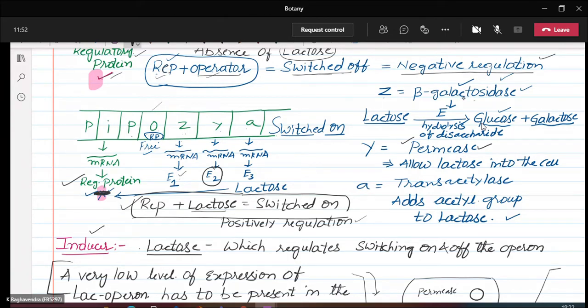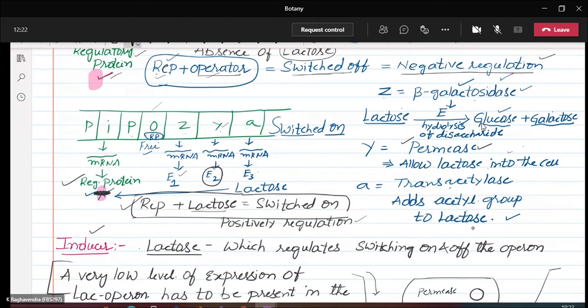The beta galactosidase will break down the lactose and convert it into glucose and galactose. And Y gene is a structural gene which produces an enzyme permease. The enzyme permease will allow lactose into the cell. A gene is a structural gene which produces an enzyme transacetylase. Transacetylase adds acetyl group to the lactose.